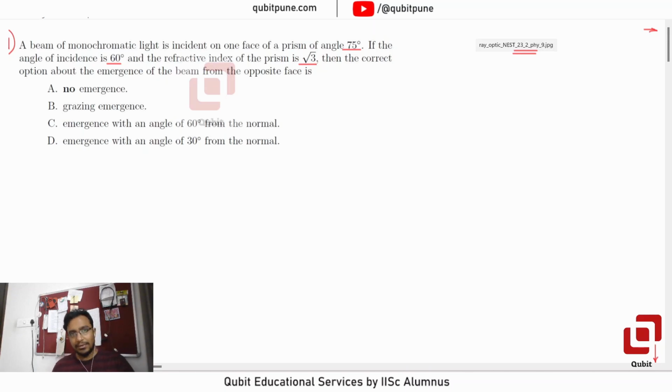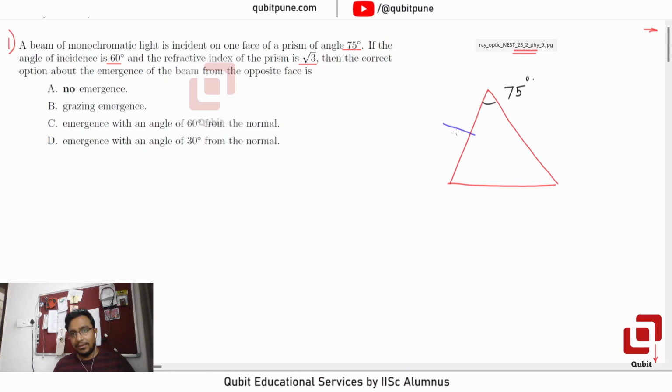Monochromatic refers to light of single wavelength. The angle of prism is 75 degrees. Let's draw the figure first. Suppose this is our prism. This angle is 75 degrees. Now usually we show the incidence on the left face, right?